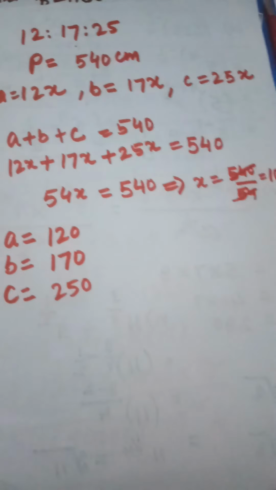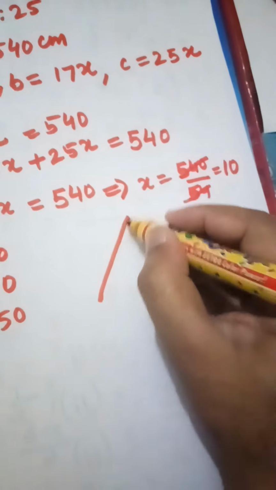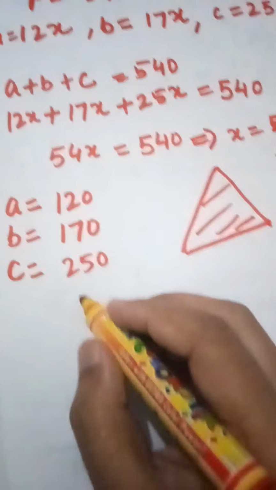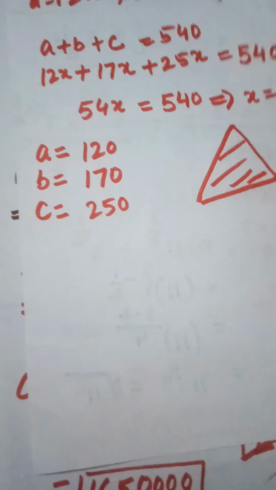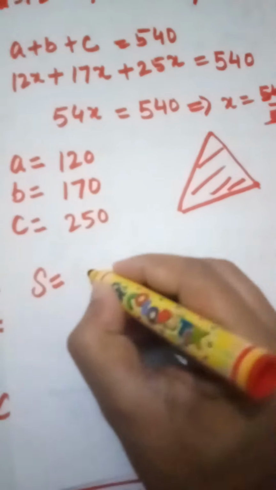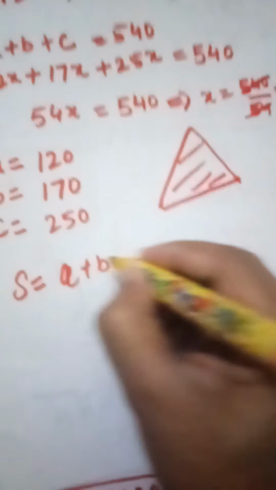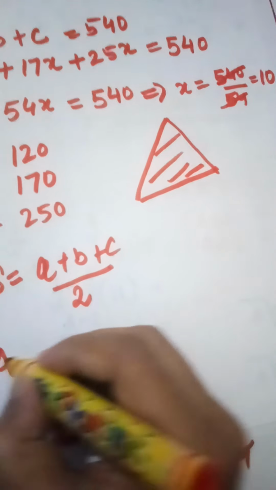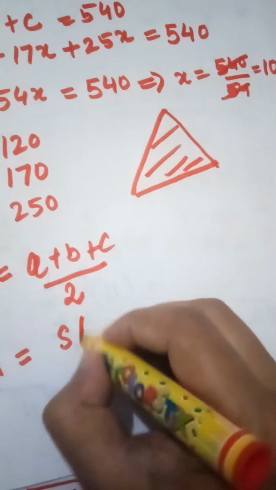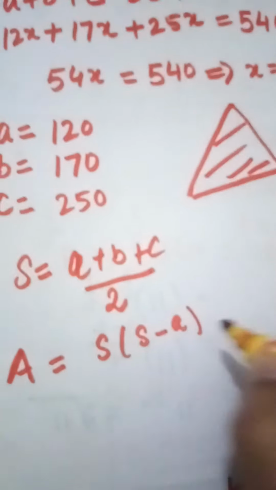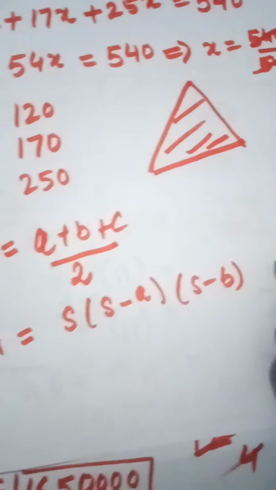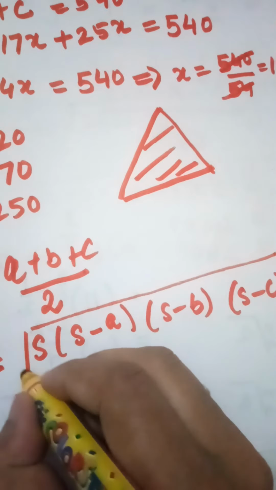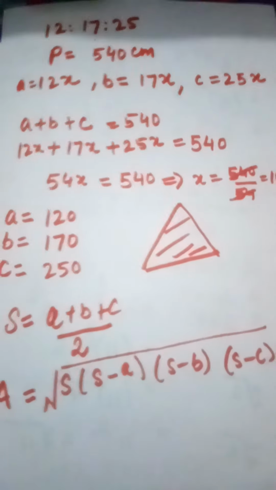I think the rest is your job, to find the area of the triangle with all three sides. I think you can easily do it. For that I'll guide you: first of all find S, that means A plus B plus C upon 2, and then go for the area of the triangle by Heron's formula, the square root of S into S minus A, S minus B and S minus C. So with this you can easily solve this question.